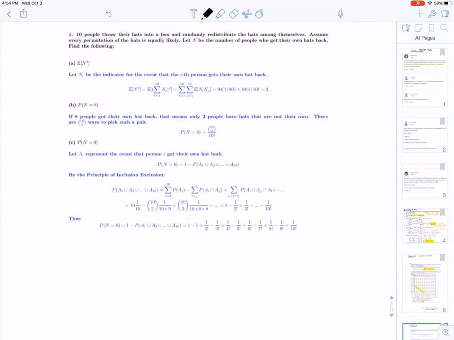Now, the number of terms with i less than j is precisely 10 choose 2. We don't need also the case j greater than i, so that's why I'm dividing by 2 here, and that makes the answer quite pretty.